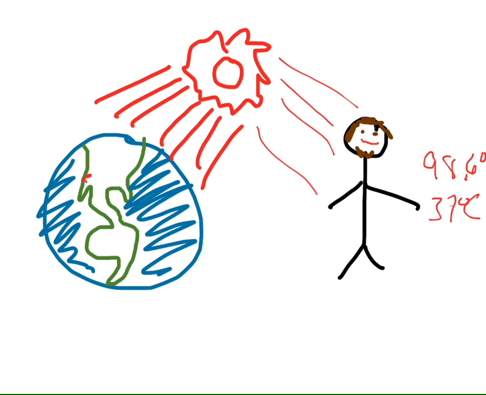Think about this for a second. If your body is mostly water, and you spike a temperature, and let's say it goes up to 39 degrees Celsius, why are fevers such big deals?